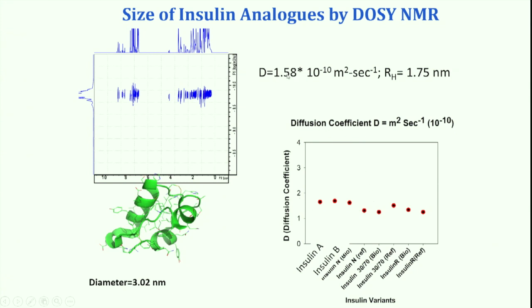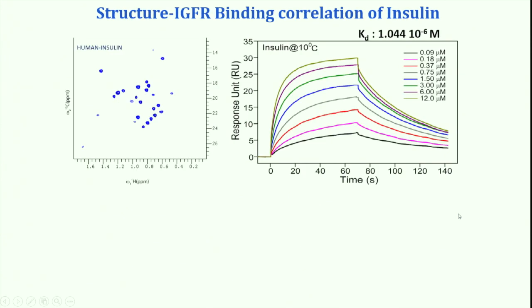For this API it was 1.58, and many formulated concentrations come between 1 and 2. This shows that predominantly they are in the state that they should be, and that is why we are getting nice diffusion coefficients for each of these molecules.